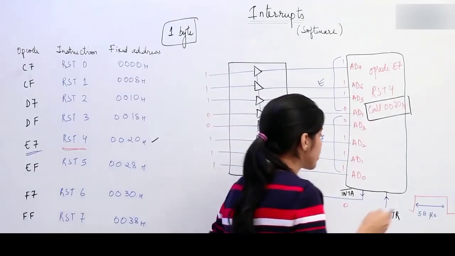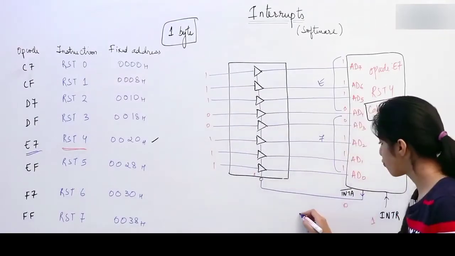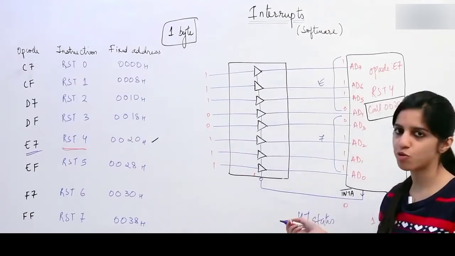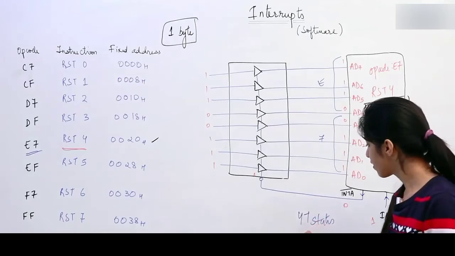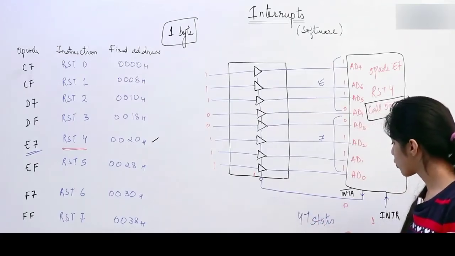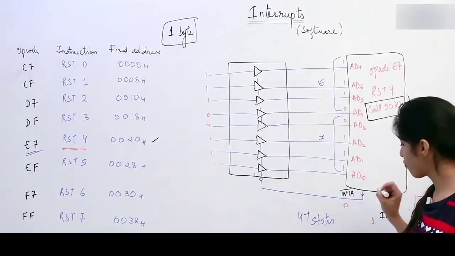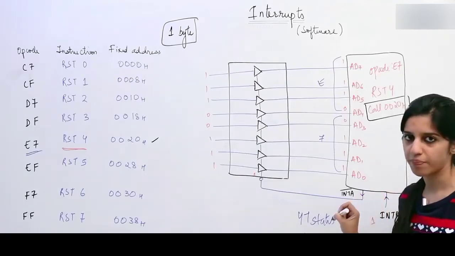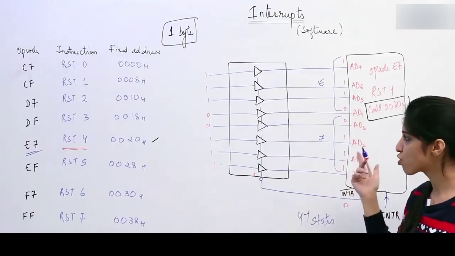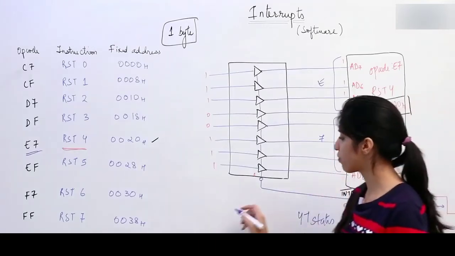Suppose it is executing an instruction of 4 T states. So in the third T state, in the third clock pulse, the microprocessor is going to check if INTR is there or not. The longest possible instruction in this 8085 is call.